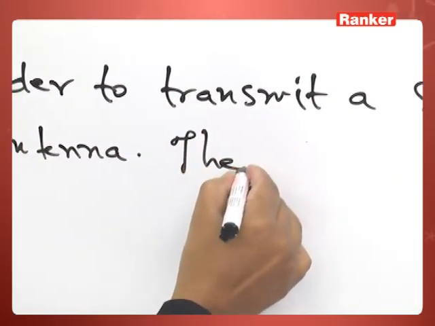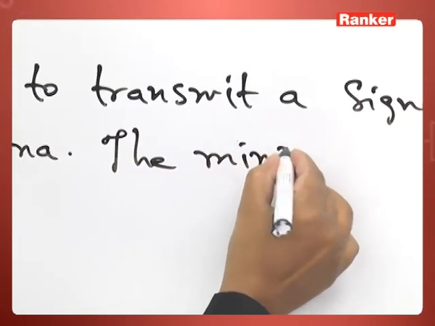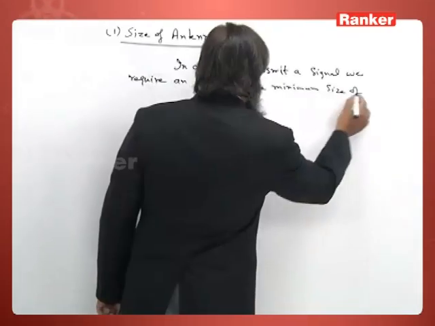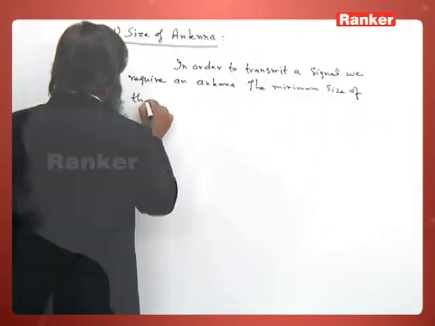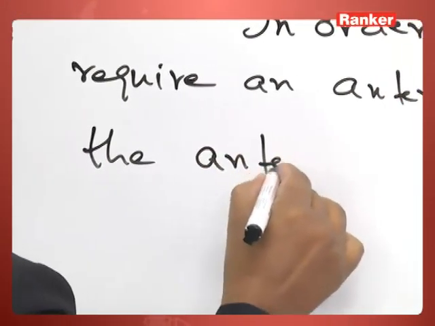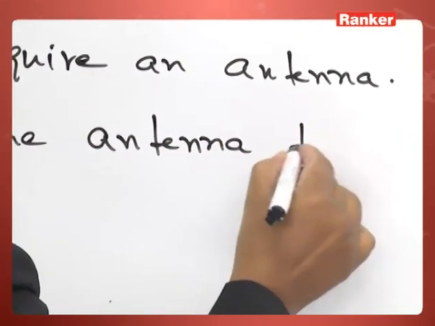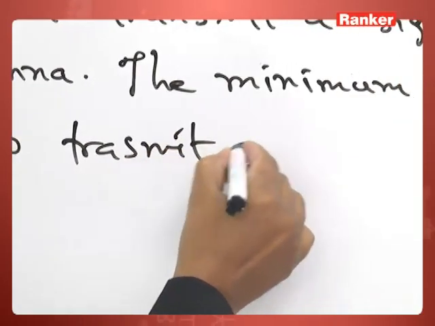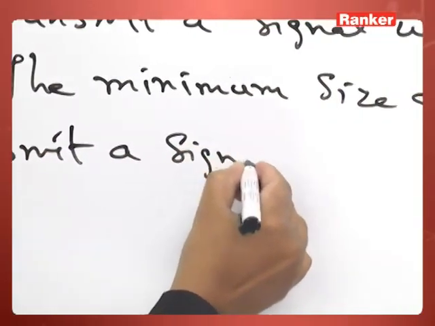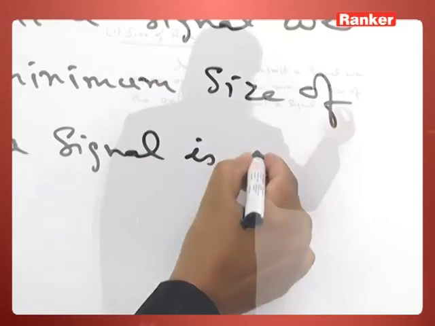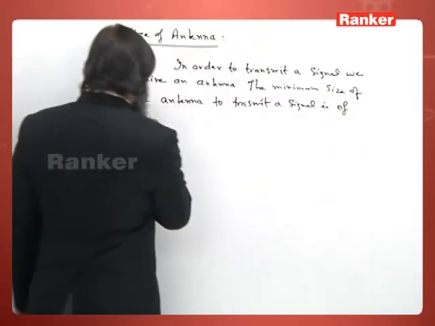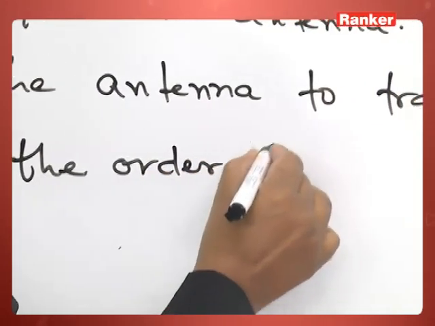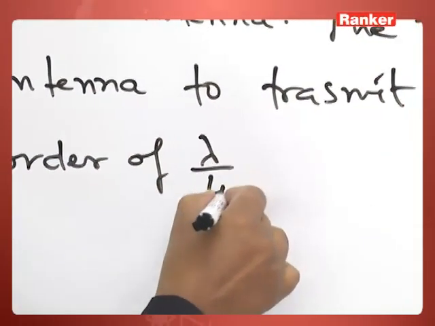The minimum size of the antenna to transmit a signal is of the order of lambda by 4.